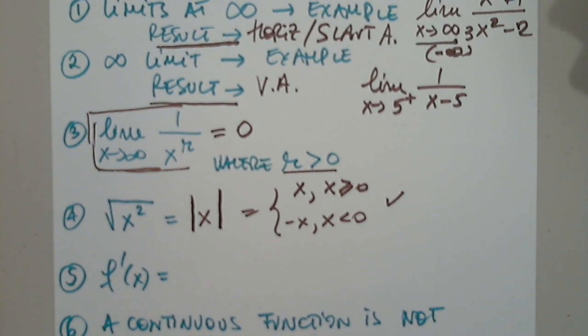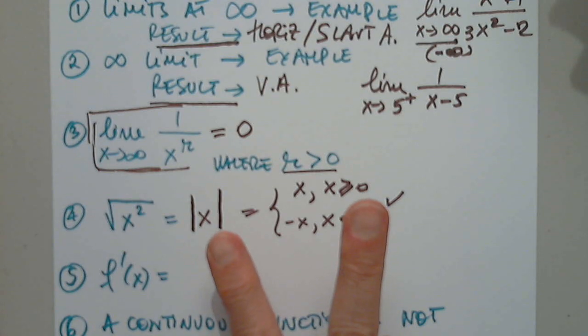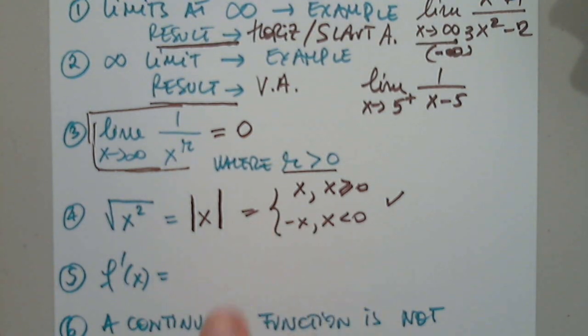Is it f of x plus h minus f of x over h? There are two concepts put together, the two most important concepts that we discussed so far. One of them is the difference quotient, of course. And the other one?